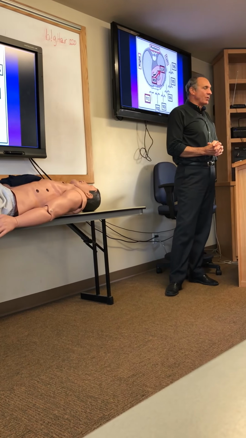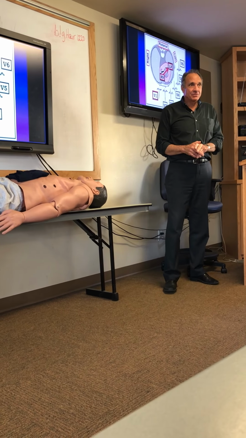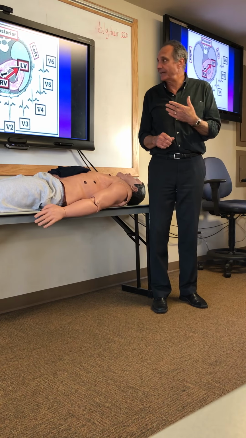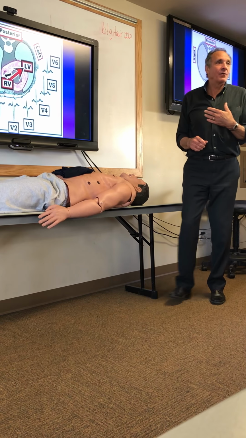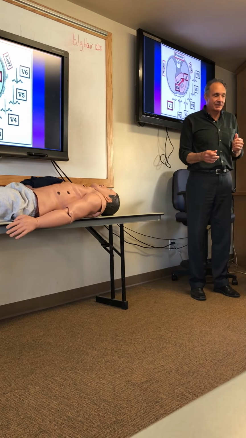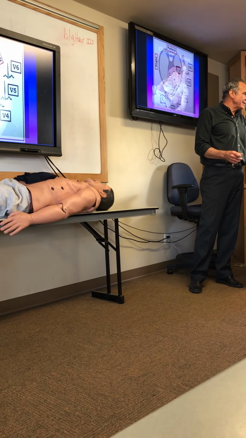Notice that V1 is mostly negative and V6 is positive. That's the normal electrical pattern through the chest, and that's important to know if we start talking about, in other sessions, conduction defects and arrhythmias and things like that.